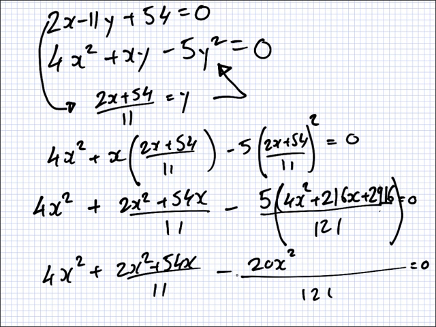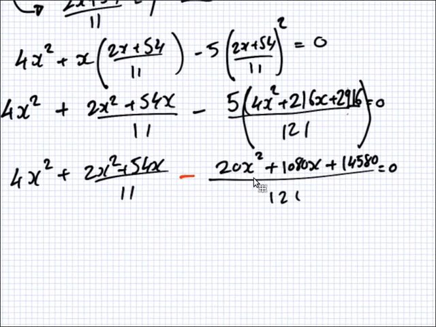Just be careful, this minus is still on the outside. I'm going to leave the minus out for just a moment, so that's kind of out of the fraction. Plus 1080x plus, what's the last one, please? 14,580. Now don't worry, it'll work out.